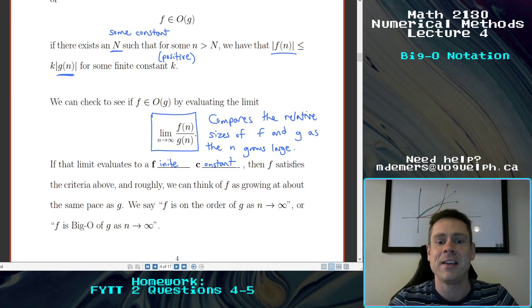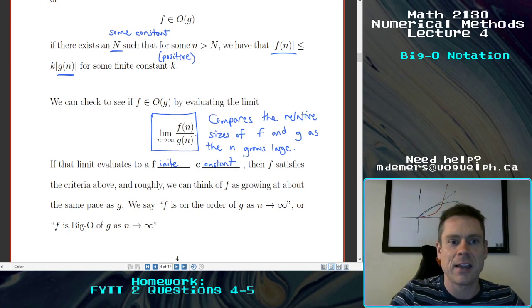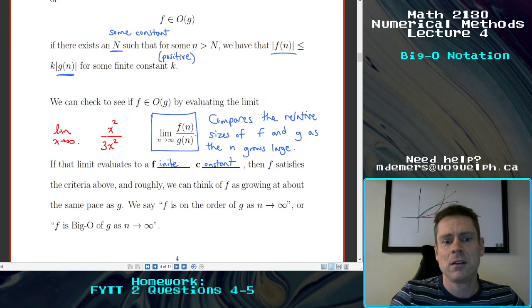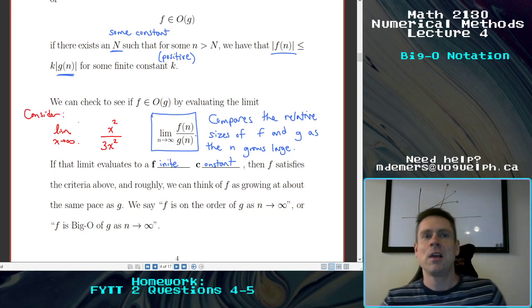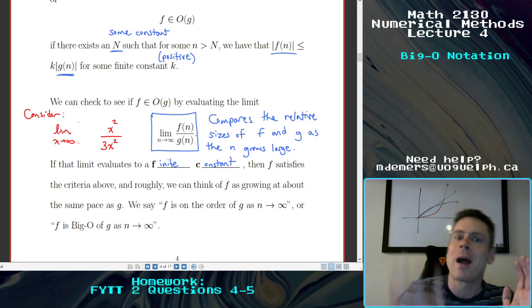Suppose that f is something like x squared, and g is 3x squared, and you have a limit as x goes to infinity. I want you to consider this for a second. This is really comparing two parabolas, right?